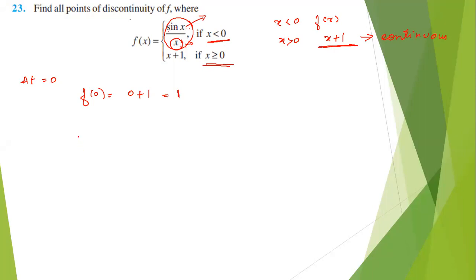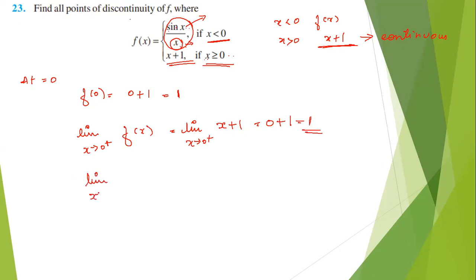What do you get? Limit x tending to 0 plus, the right hand limit. When x is greater than 0, it is x plus 1. That is 0 plus 1. You get it as 1 itself. But what will be the left hand limit? It is this one, right?